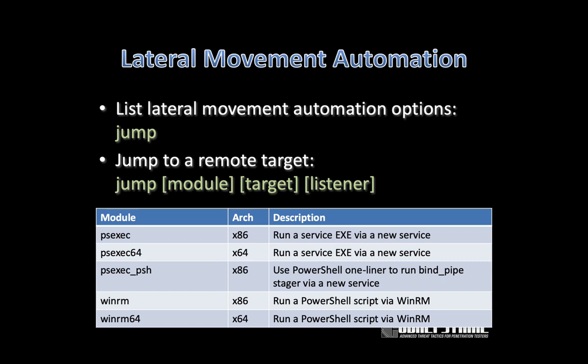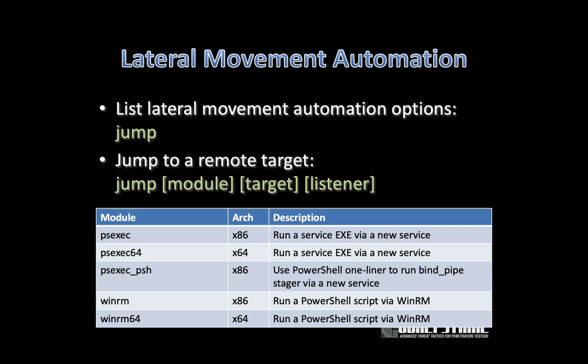There are several built-ins, for example, PSExec to run a 32-bit service exe via a new service, PSExec64 to do the same thing except with a 64-bit service exe, PSExec PowerShell, which will use a PowerShell one-liner to run the bind pipe stager regardless of payload via a new service, and WinRM and WinRM64, which will both run a PowerShell script via WinRM that runs your entire payload.